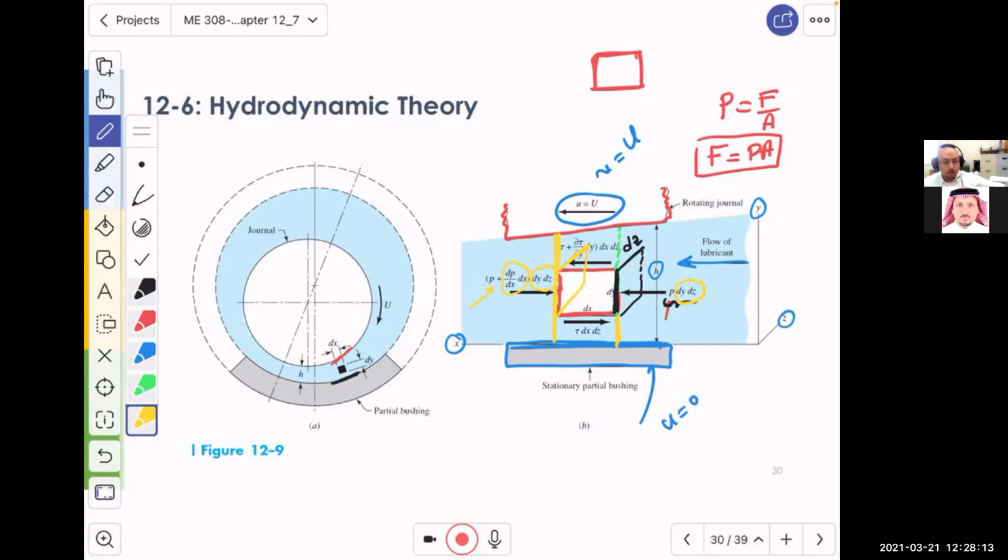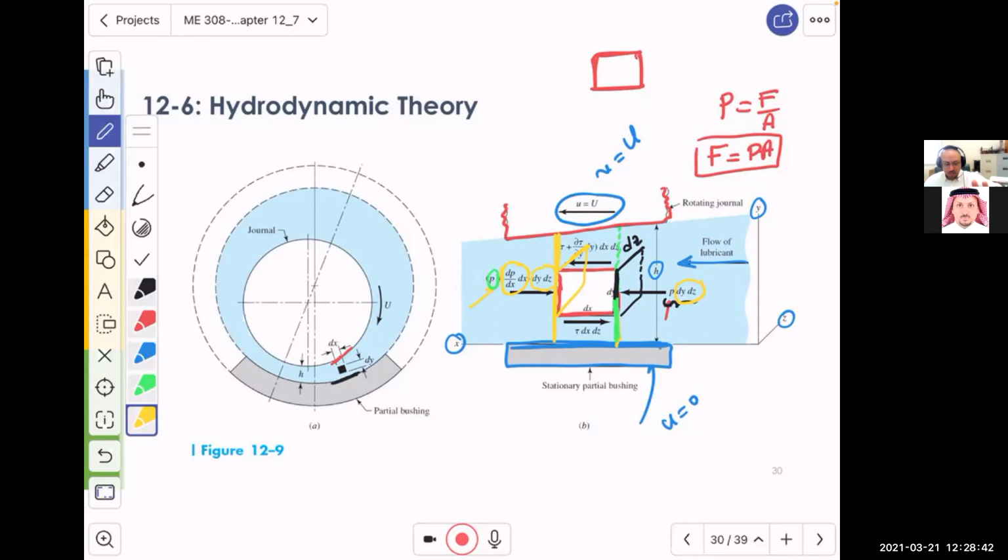If you tell me the pressure changes 1 megapascal per millimeter, then if I multiply it by 1 millimeter, which is delta x, I will get the increase. So this is the pressure in the green line over here, plus the pressure increase, multiplied by the area.